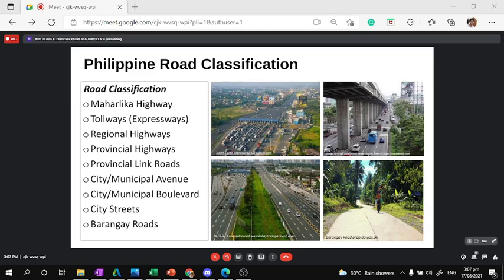Now, province is simply mga roads sa municipality connected by the province which does not include the city. So, those are the provincial roads. So, for example, sa Region 10, sa province sa Misamis Oriental, sa Region 10, natay different provinces.